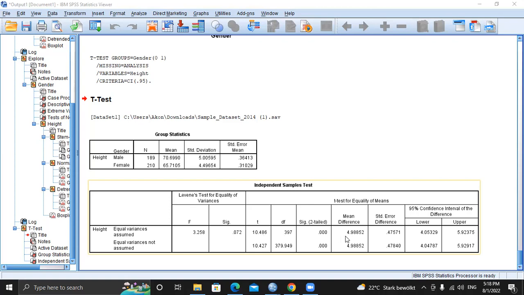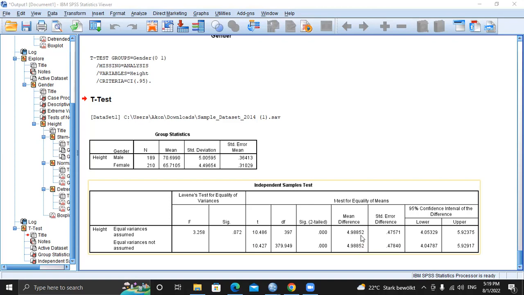What's the mean difference? The mean difference is the difference between this and that, which is 4.8 centimeters or whatever unit we're using. And then we have our upper and lower limit, the 95% confidence interval.